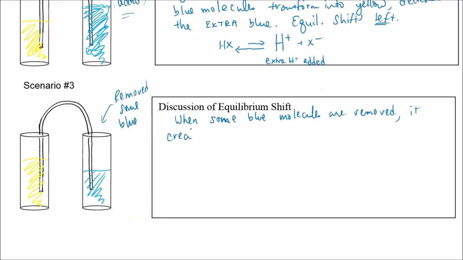It's a deficiency. So I'll put that in quotes. It doesn't really create a hole, but it does create a deficiency in those molecules that nature will fill. And it does this to decrease the potential energy, that original all-encompassing rule. Nature fills by shifting the equilibrium to create additional blue.